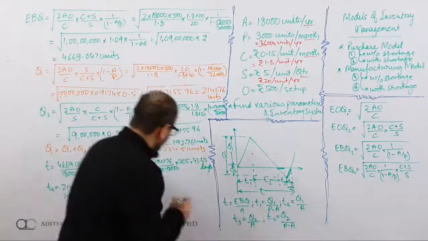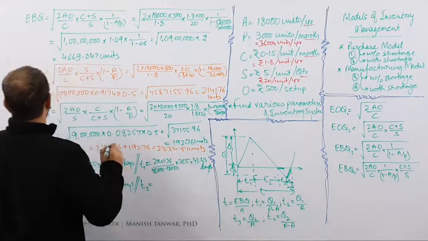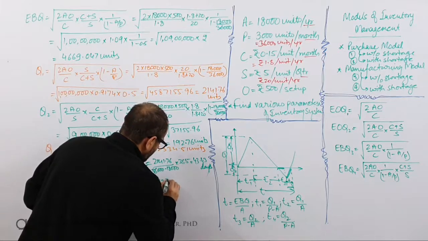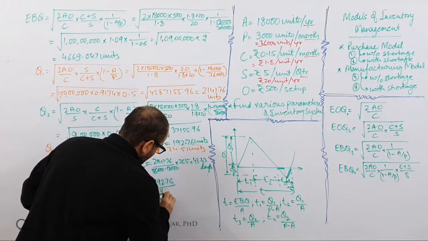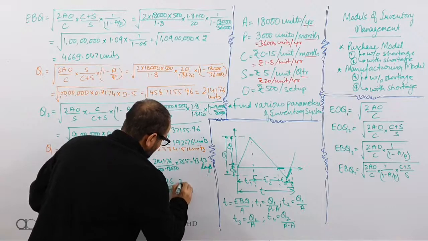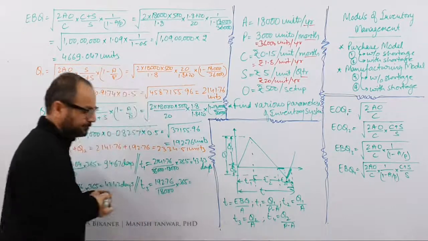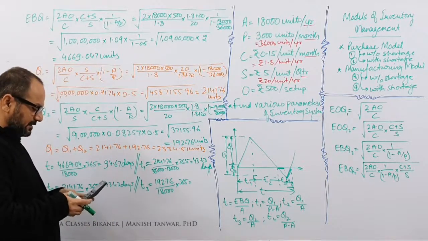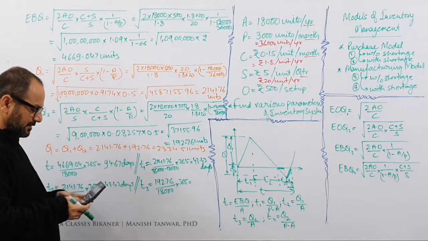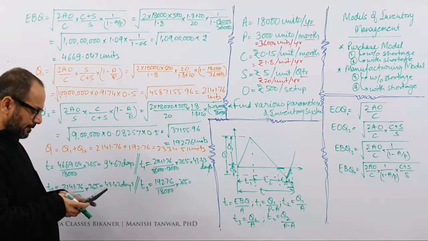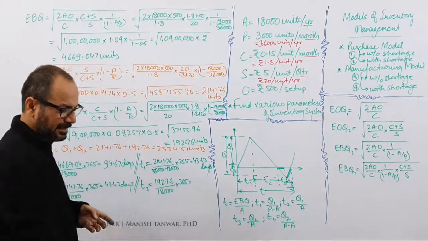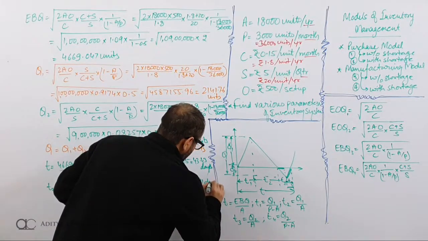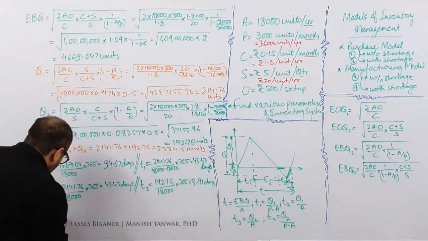T3 would be Q2 upon A. Q2 is 192.76 upon A, that is 18,000, multiplied by 365, making it 3.91 days. And finally, there will be T4.